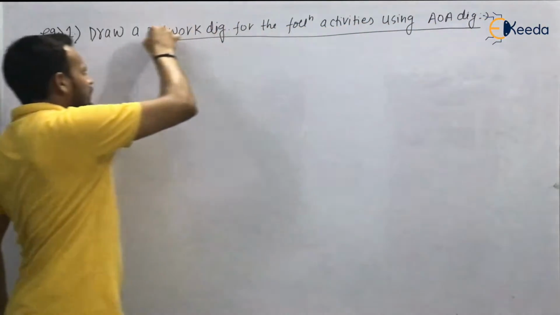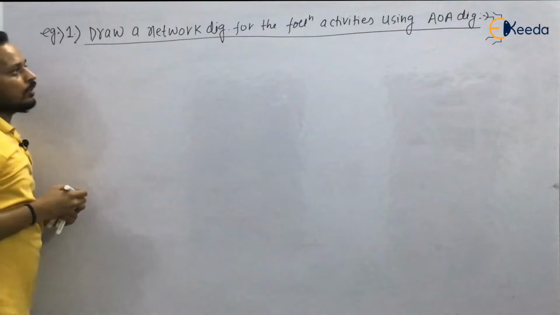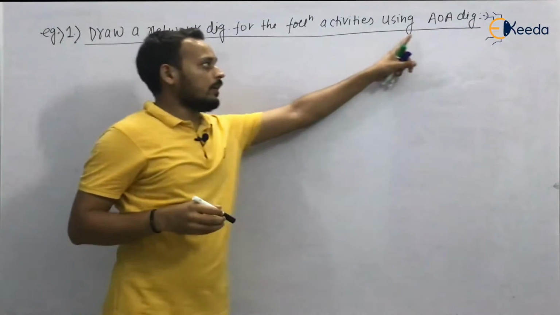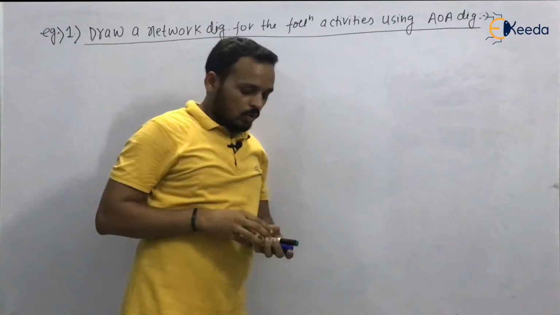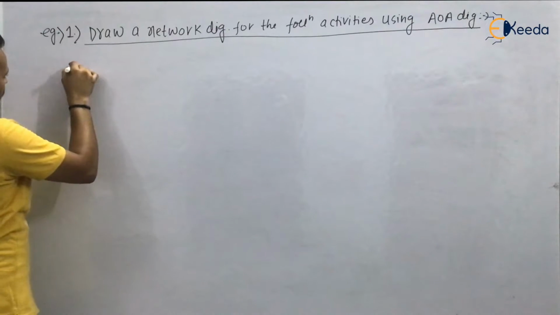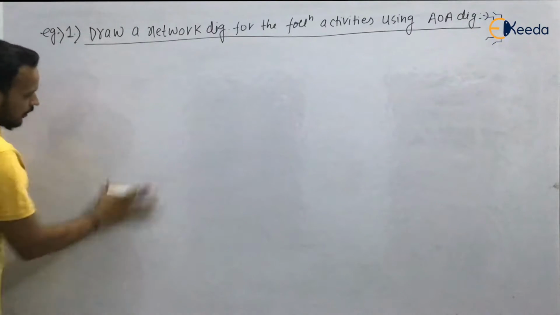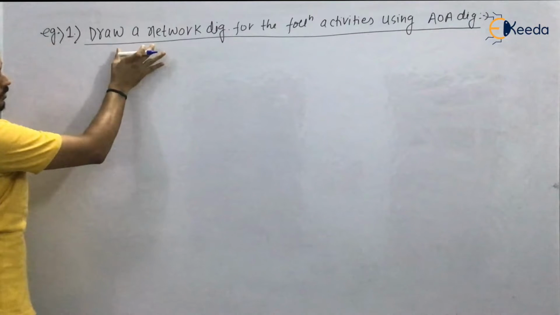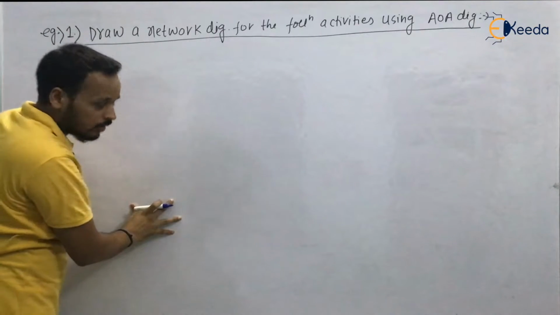The first question says draw a network diagram for the following activities using AOA diagram. So what is given? These questions will be given in a tabular form.